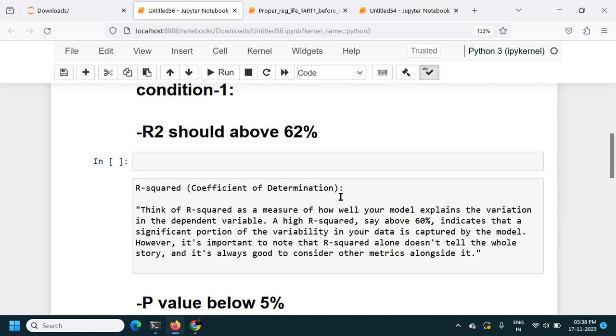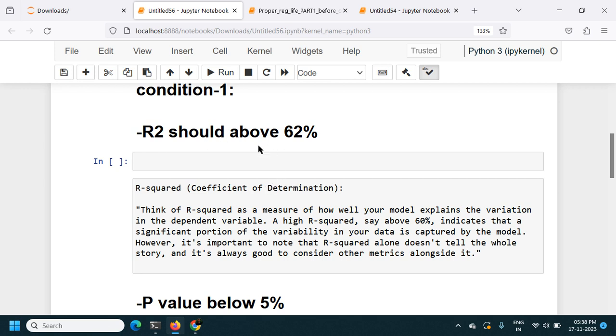So first we will consider the R square. After building a model, we first check whether the R square is more than 62. So what does R square mean? R square explains how well our independent variable, our x variable, will determine the y variable.